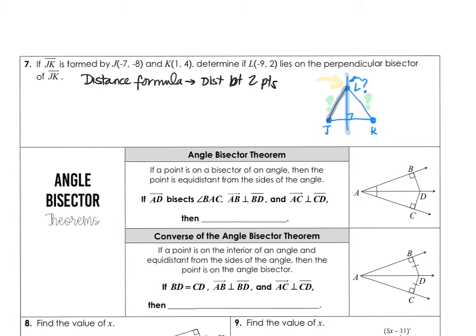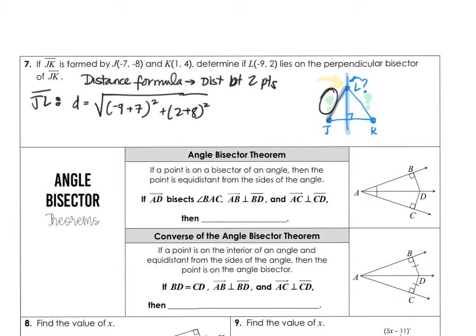So let's review. Let's find the distance of JL. The distance is equal to the square root of (x minus x) squared plus (y minus y) squared.